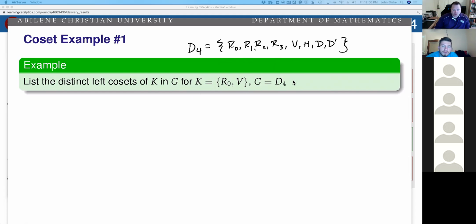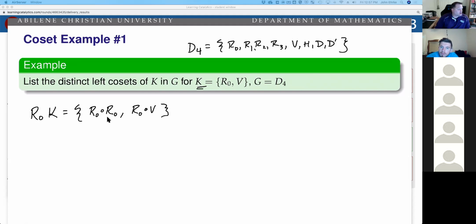So we'll start real simply with this. I like to just start from the simplest ones and then work my way up. So for example, if I did R naught K, so I want to look at that coset, then I'm going to take everything that's in K and compose it on the left with R naught.